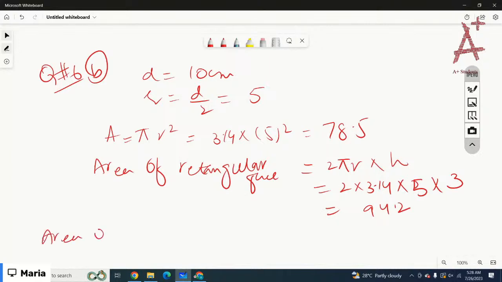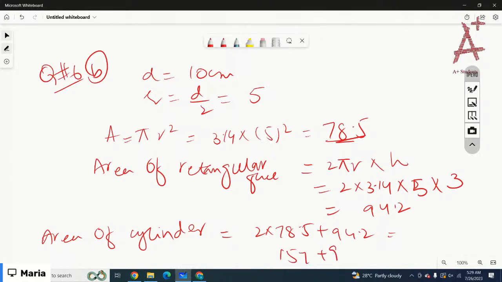So the area of cylinder is area of two circular faces, 2 times 78.5 plus 94.2. 2 times 78.5 is 157, plus 94.2. That would be 251.2.